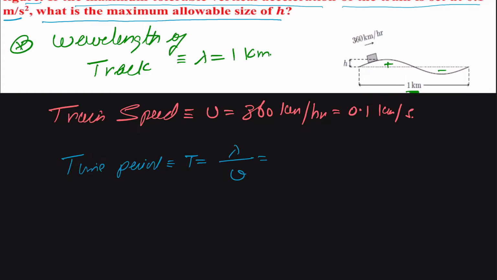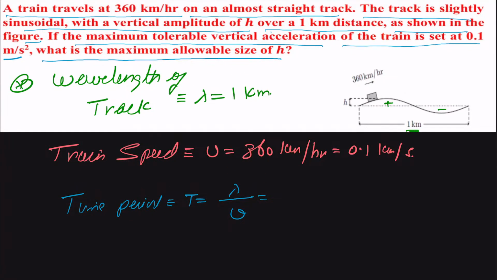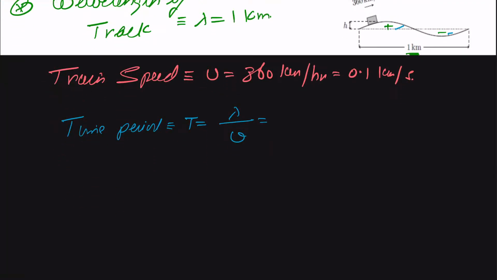This is a very famous experiment we usually study: for one periodic cycle, a positive cycle and a negative cycle, this corresponds to one single vertical oscillation.